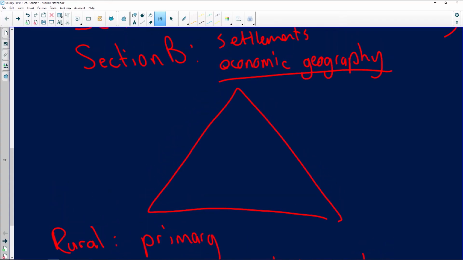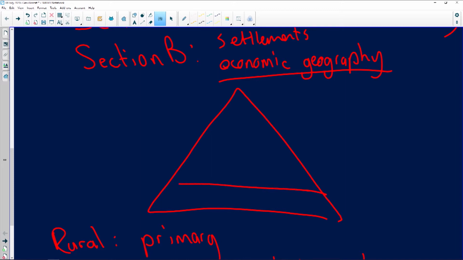The definition of a settlement is where people live. Obviously, rural settlements focus on primary activities such as forestry, fishing, farming, and mining. And we do have different types of urban settlements as well, for instance central place towns, break of bulk points, etc. But the question asked, what do we call the classification of different urban settlements?